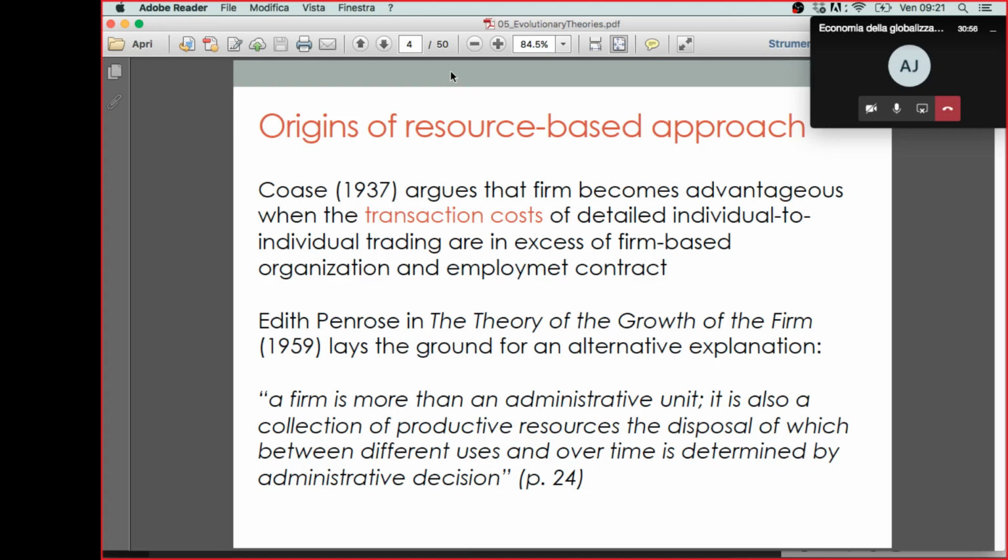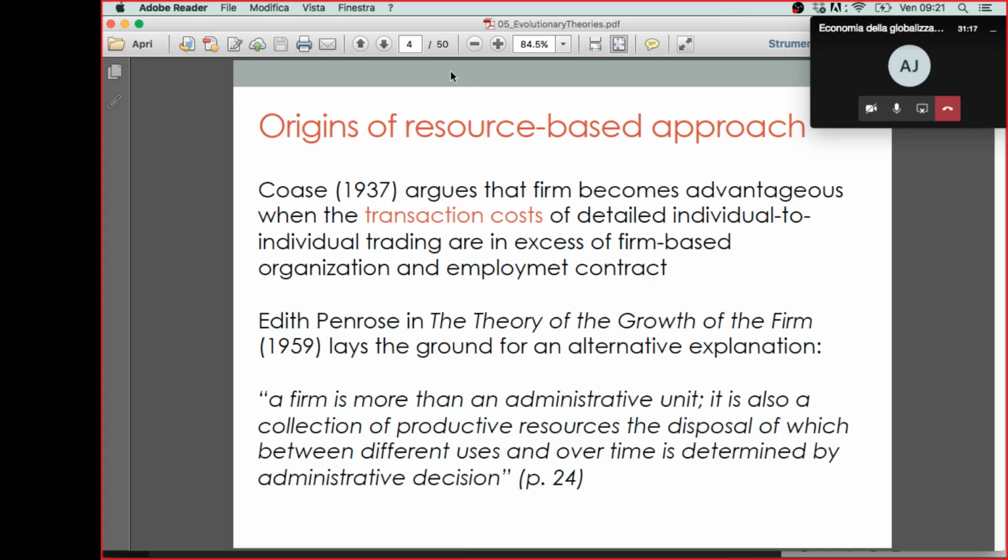However, she argues that there is something more than just managerial command and administrative decisions, because the best way of looking at the firm is actually not just as an administrative unit, but as a collection of different types of resources. They can be physical resources, like machines.